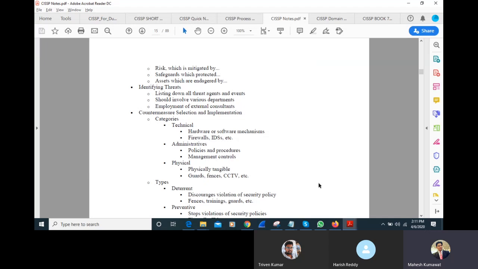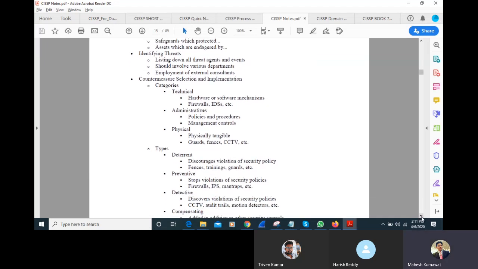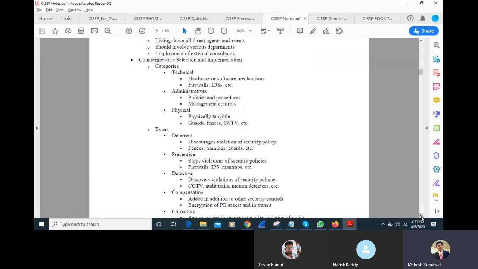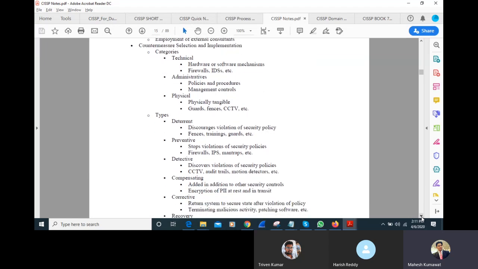We have deterrent controls, which discourage violations of security policy, like training and guards. Preventive controls stop violations of security policies, like firewalls and IPS. Detective controls discover violations of security policies, like CCTV, audit trails, and motion detectors.